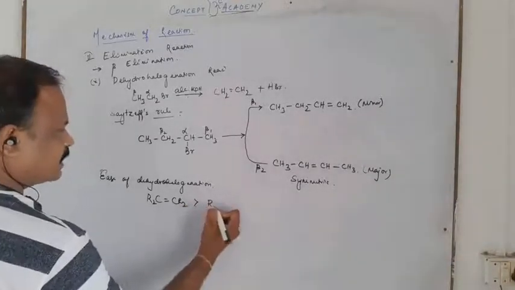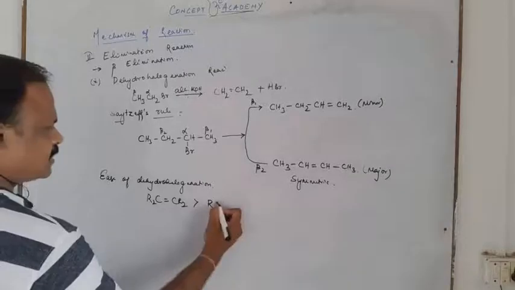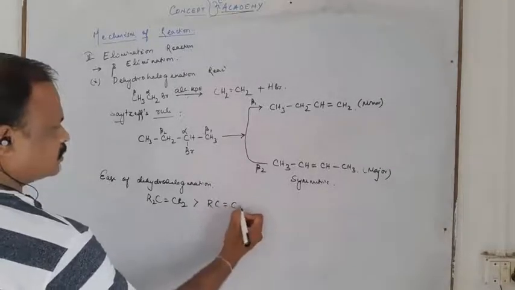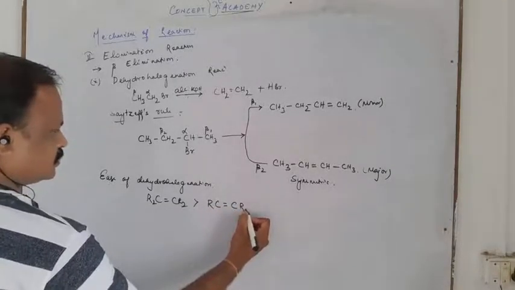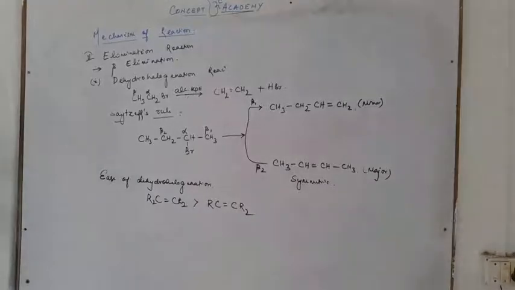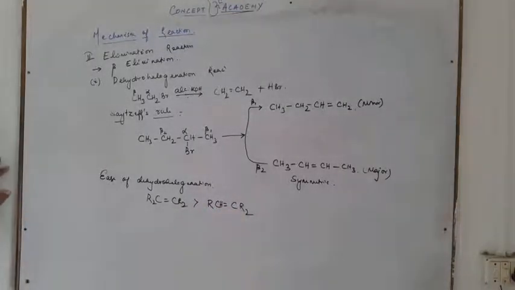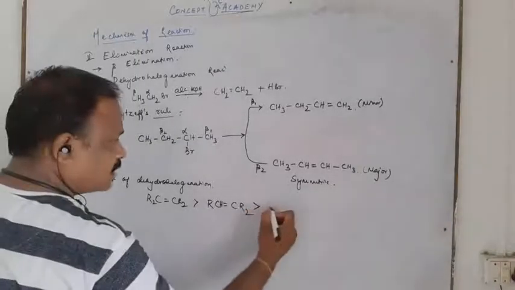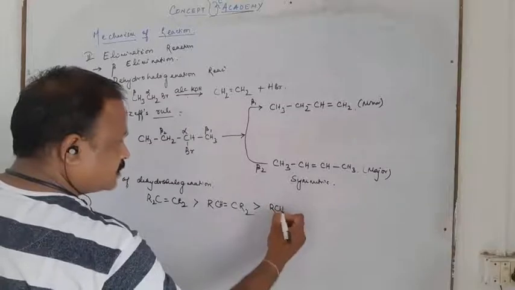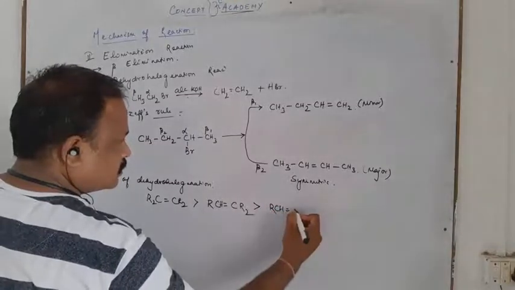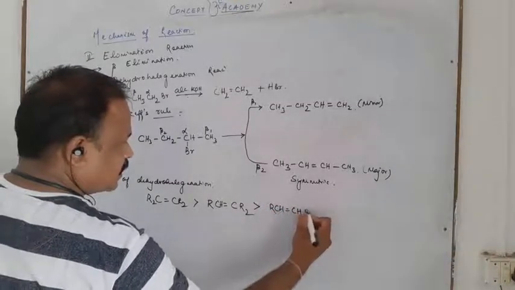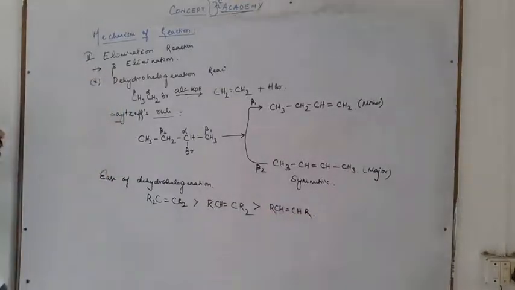Then RCH double bond CR2, which is greater than RCH double bond CHR.